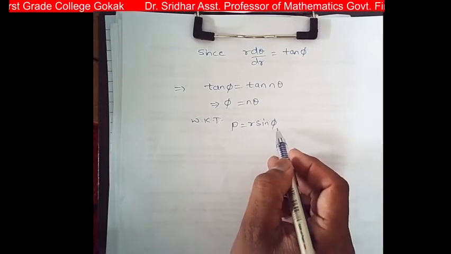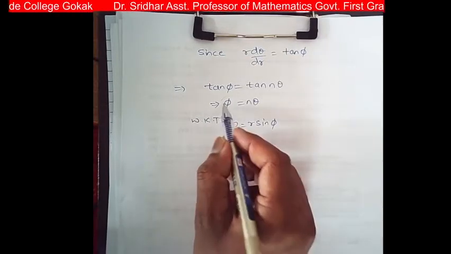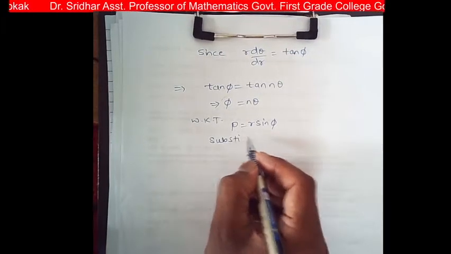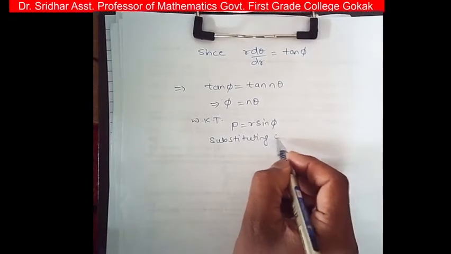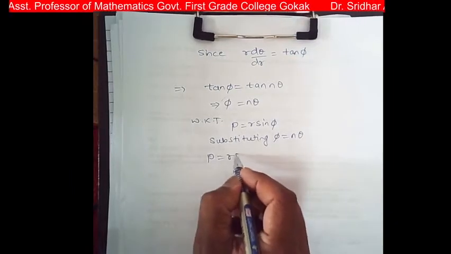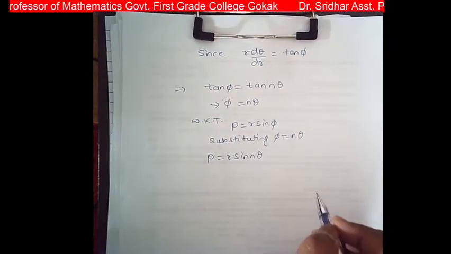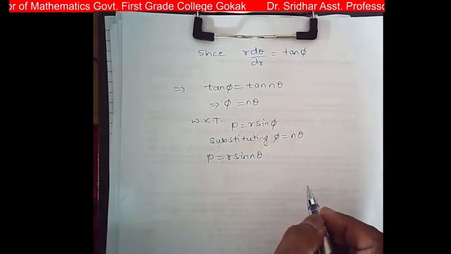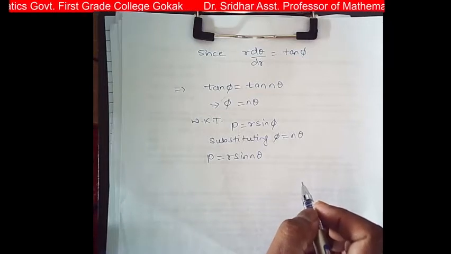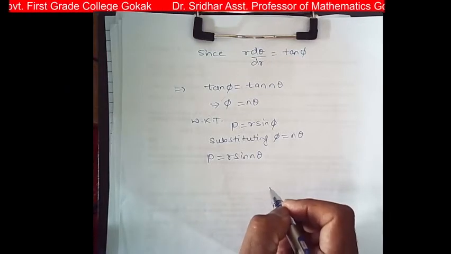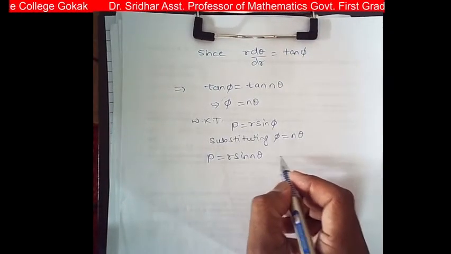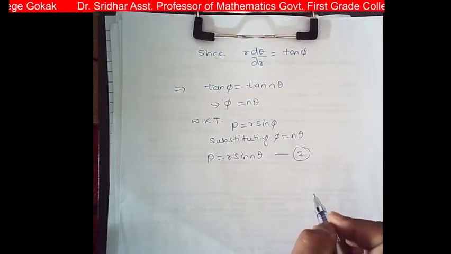Now substituting phi is equal to n theta in this equation, which gives P is equal to r sin n theta. Call this equation as 2.